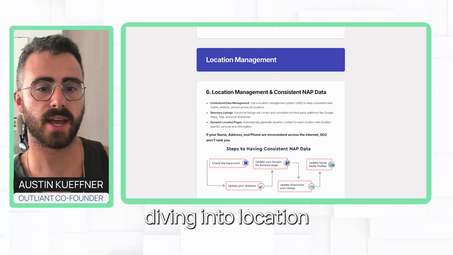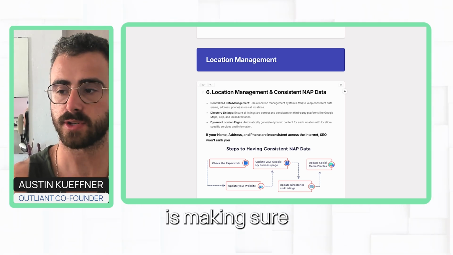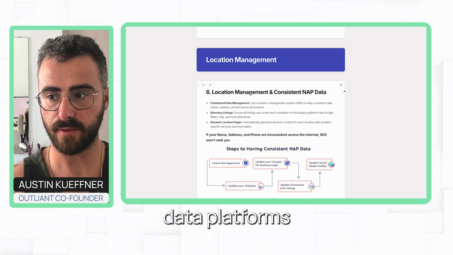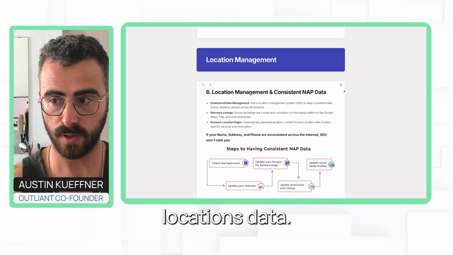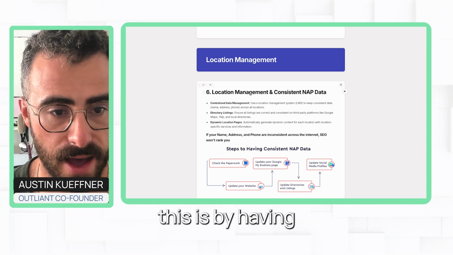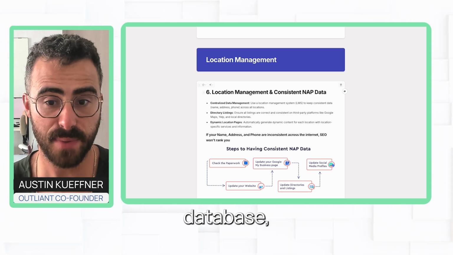So now diving into location management. Location management is making sure that all of your data platforms say the right thing when it comes to each of your locations' data. The best way to do this is by having a centralized data management database in a sense.